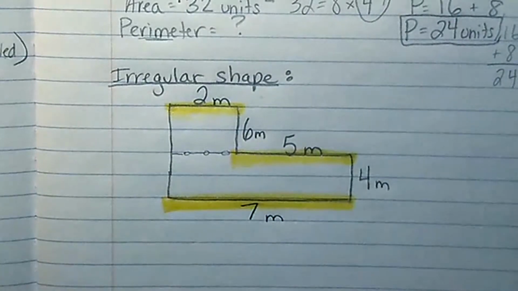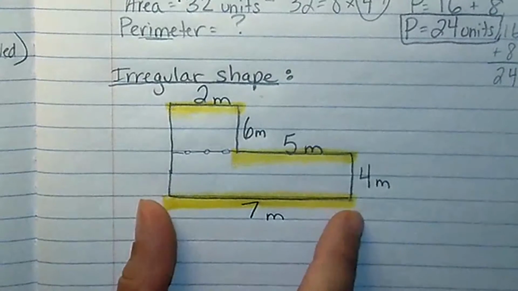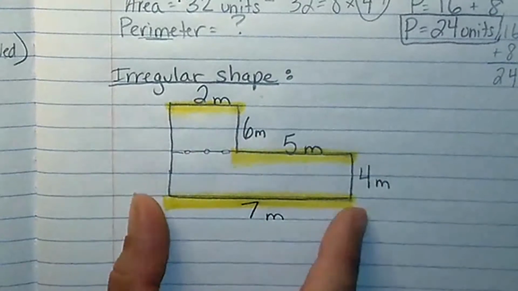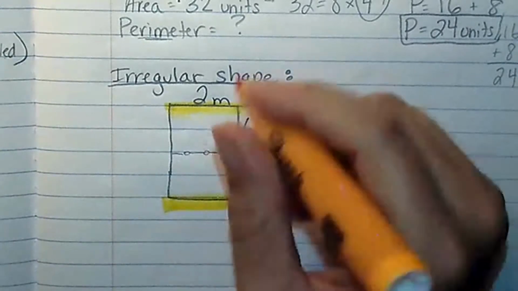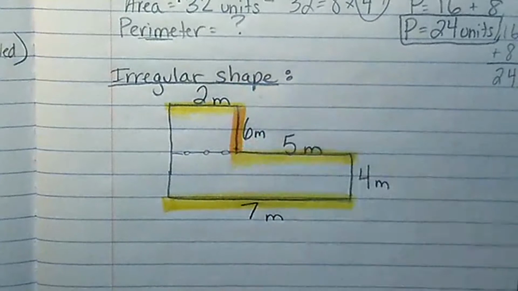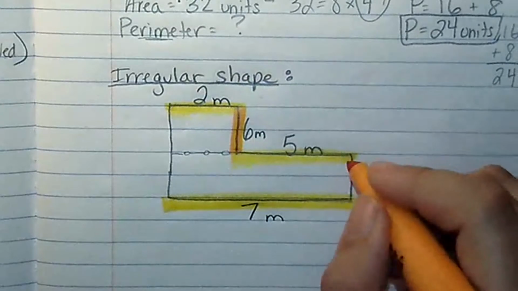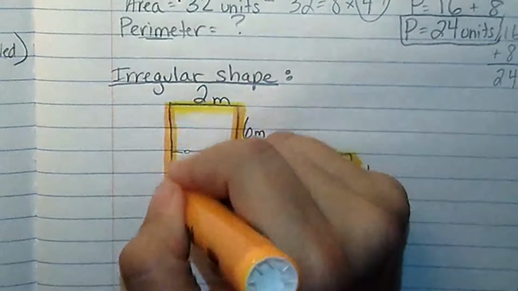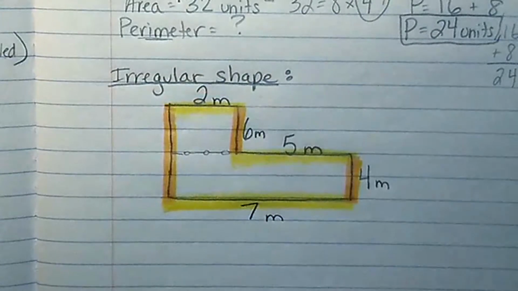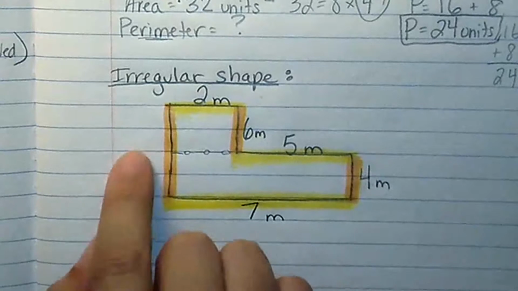And actually, if you think about it, it makes sense that if 7's the big piece, 5 plus 2 equals 7, right? That's how it's going to work every time. So watch, I get my other highlighter. I know that this chunk equals 6. I know that this chunk equals 4. What would this big chunk equal? If I've got a little piece that equals 6 and a little piece that equals 4, what's going to come over here?